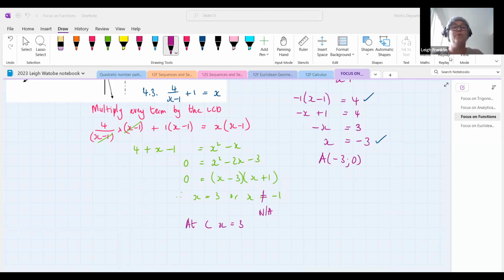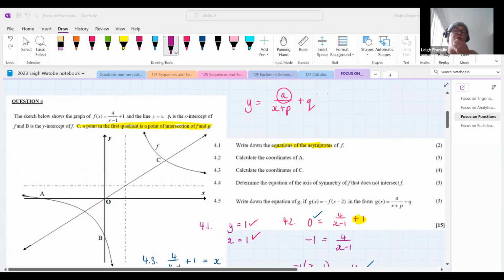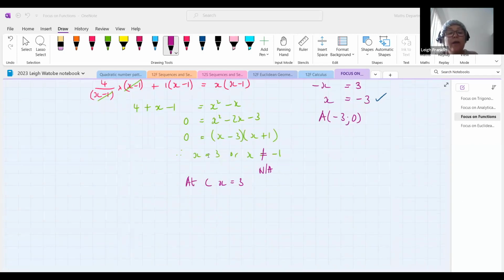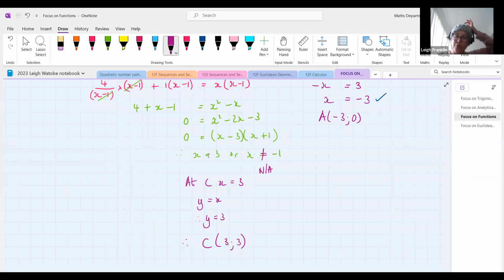So we're choosing 3, and then the easiest thing for us is to always go and sub back into the straight line. In this case, it's the line y equals x. So if y is equal to x and x is 3, then it means that y is equal to 3 as well. So therefore, the coordinates at C will be 3 and 3.